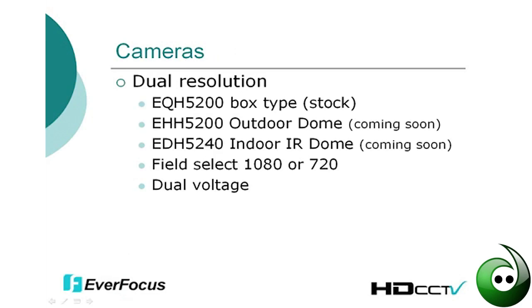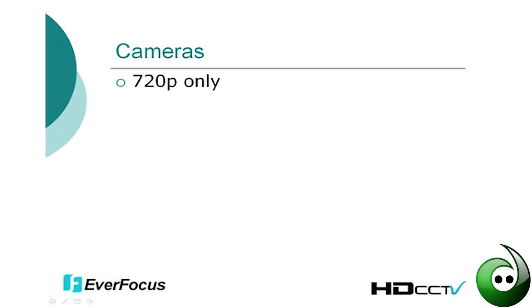Our EQ5200 box type camera is in stock. Our EHH5200 outdoor dome and EDH5240 indoor IR dome will be available in a few weeks. These cameras allow you to field select your resolution, either 1080 or 720, and these are all dual voltage cameras, 12 volts DC or 24 volts AC.